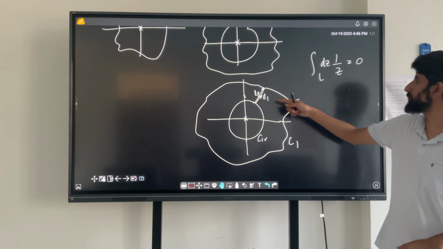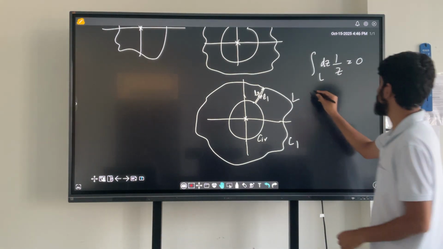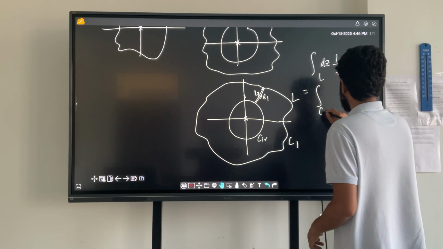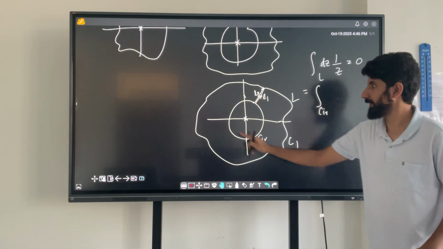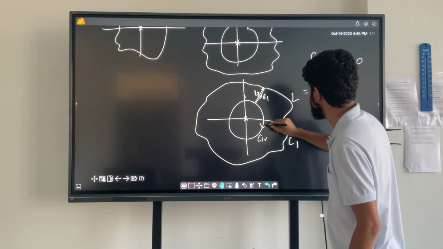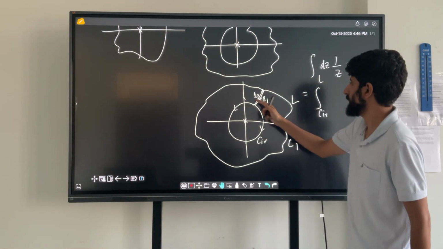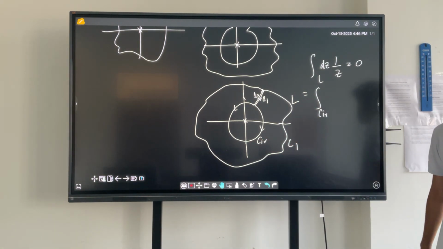But I can split this loop and do the integral part-wise. So this is the same as the integral over the circle, going the other way.